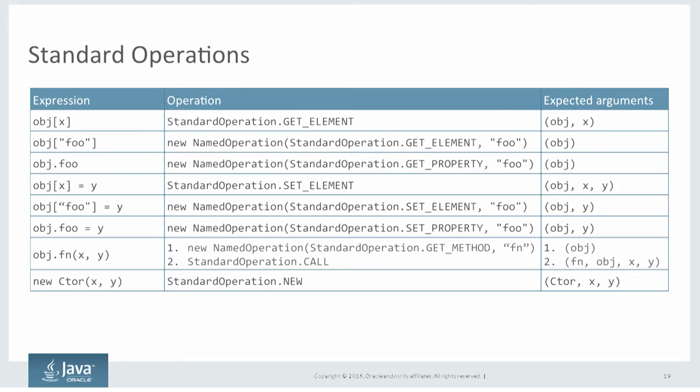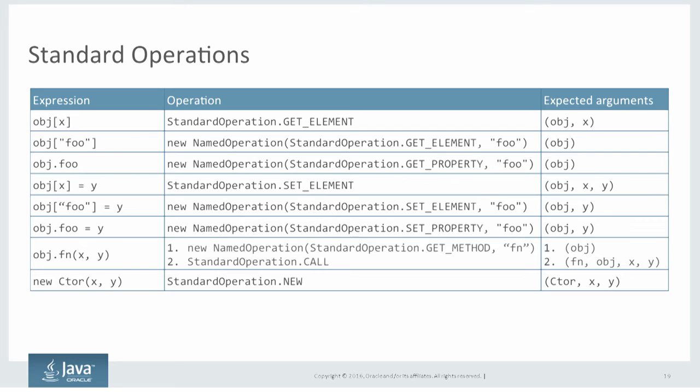The difference between standard and named operations: if you look at the first two rows, object of x just extracts the property from the variable x, the property with the name given by the variable x. So it's not a named operation.